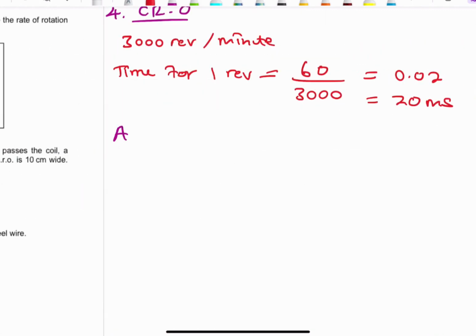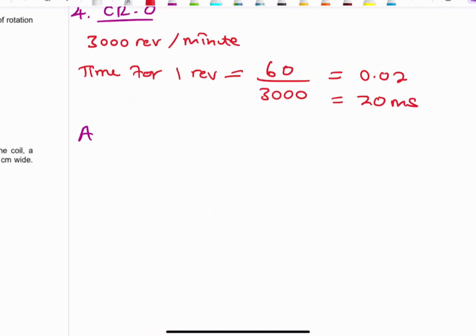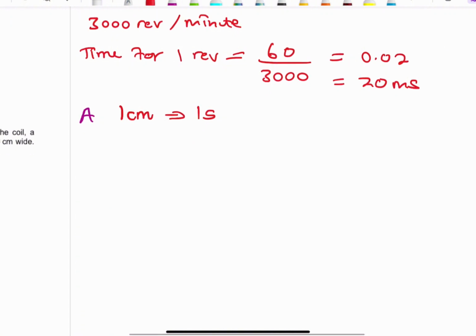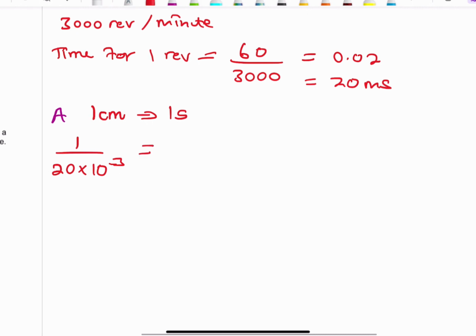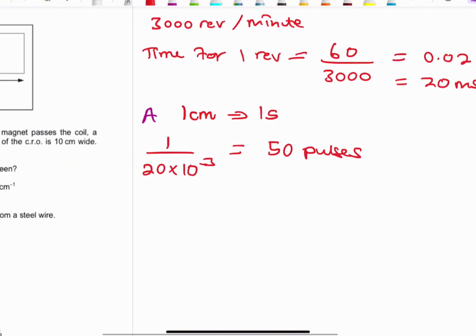So on option A, this is how it's going to work. If one pulse was generated in 1 centimeter and it took 1 second, then 1 divided by 20 times 10 to the power of negative 3, or 0.02, gives approximately 50.